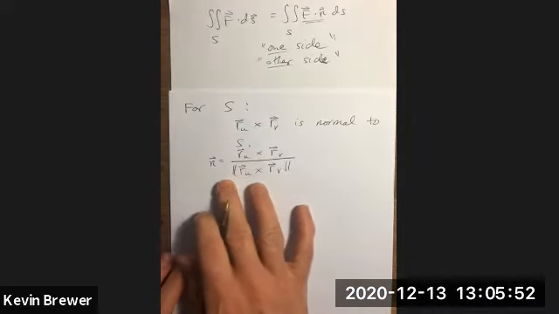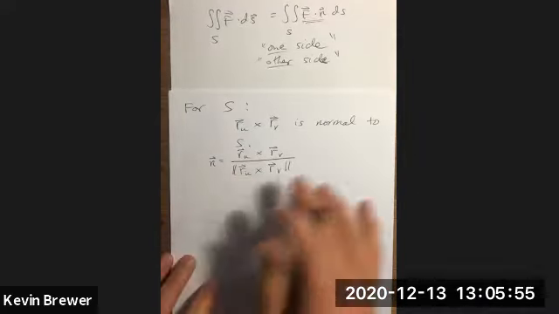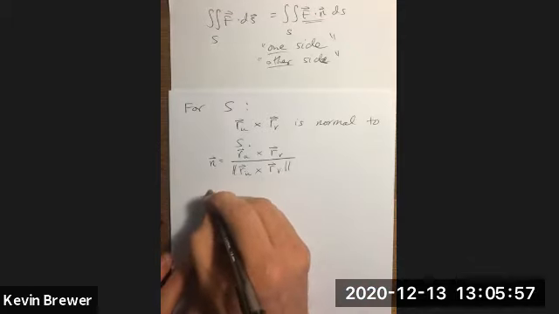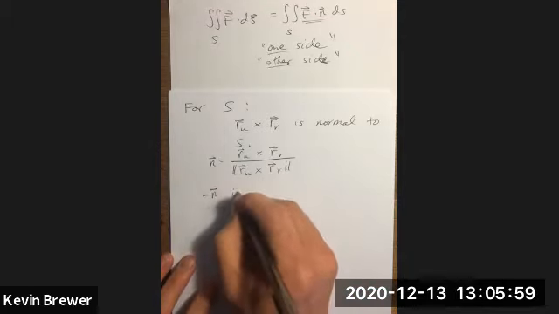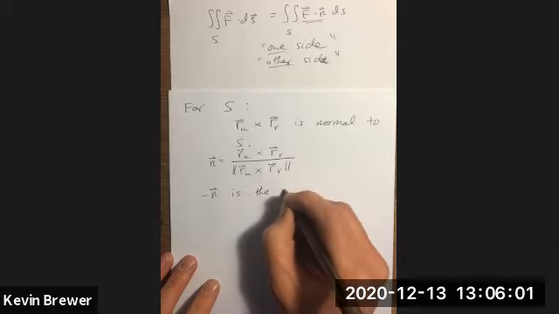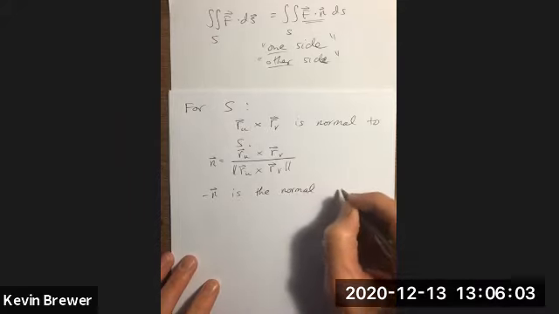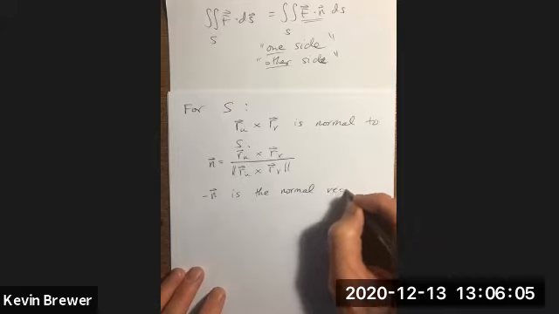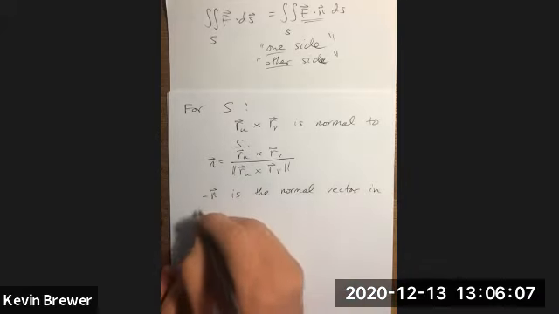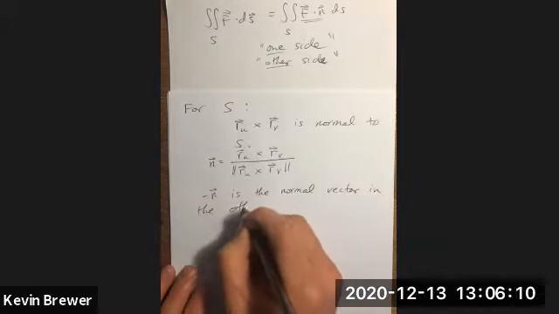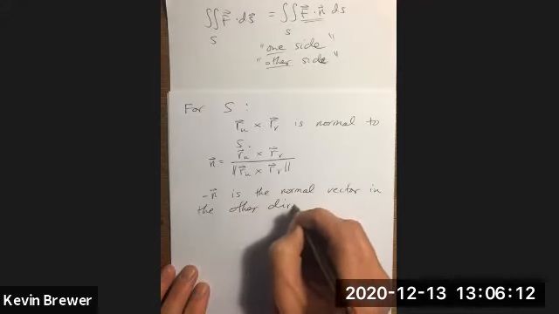And that always gives us a normal vector in one direction. Minus N is the normal vector in the other direction.